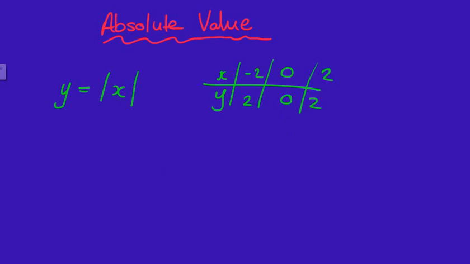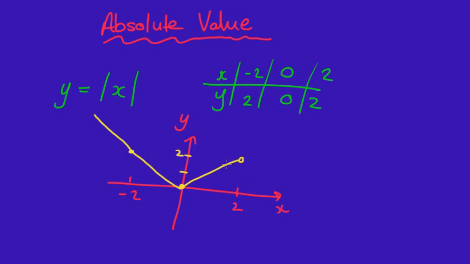And what you will find is, if I draw my x and my y axes like this, if I put -2 there and +2 there, so let's graph this. x equals -2, y equals 2. 0, 0, and 2, 2. And what you will find is that it bounces off the x-axis.